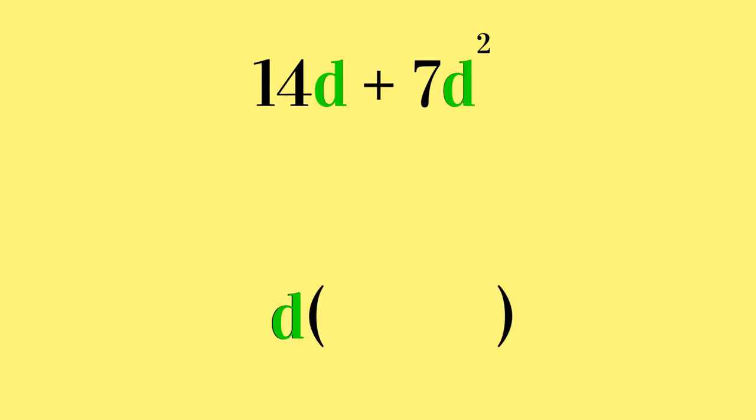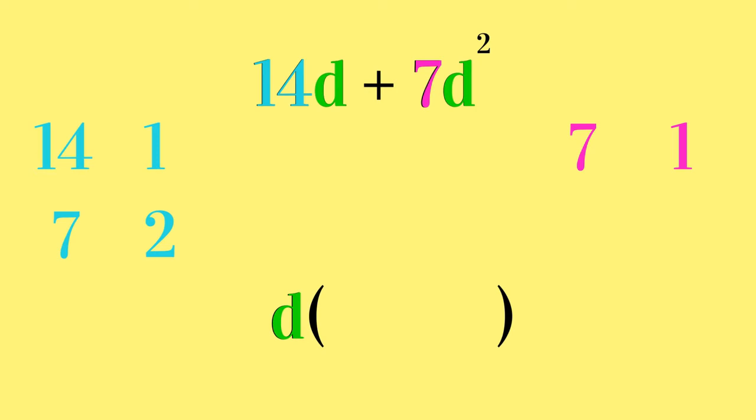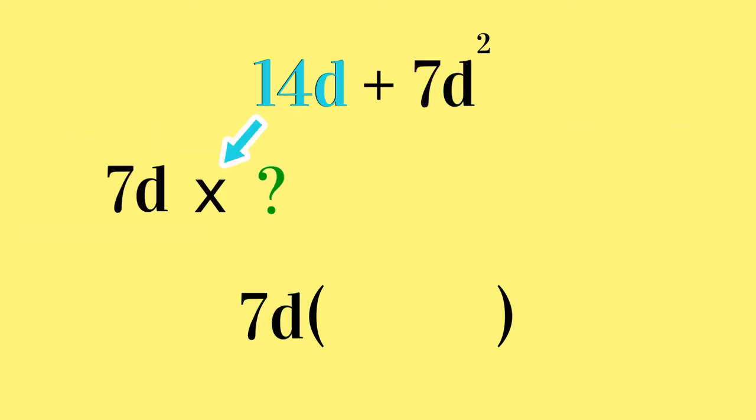You might have a number and a variable outside of the brackets. For example, if we had 14d add 7d squared, here we can see d is a common factor, but as 14 and 7 have the highest common factor of 7, 7d goes on the outside of the brackets. 7d is multiplied by 2 to get 14d, so 2 goes inside the brackets.